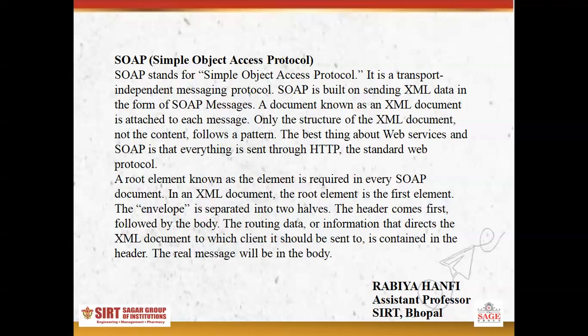The real message will be in the body. So a SOAP message consists of an envelope. In that envelope, the XML document is stored. In that XML document, the first part is the header, which helps determine where we have to send the message, and the second part is the body, which contains the real message.